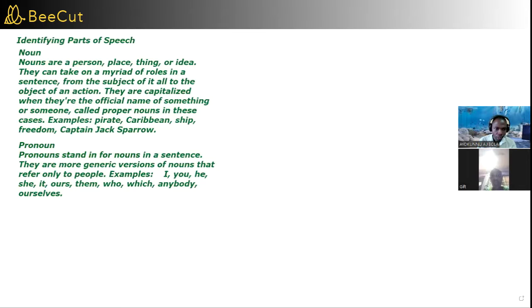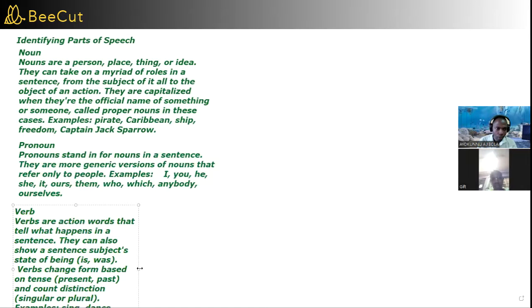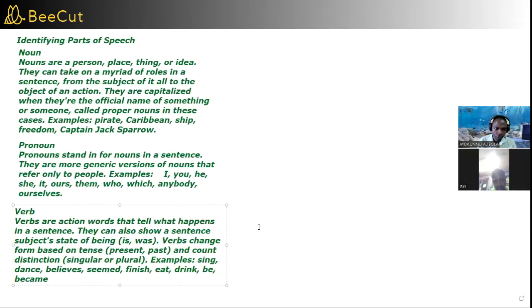And the next thing we'll look at, we say verb is an action word. So verb can be in present tense, it can be in past tense, but it's also an action word. So we can say verbs are action words that tell what happens in a sentence, what people do or what happens in a sentence. They can also show a sentence subject's state of being, whether it is or was, as in present or past tense.